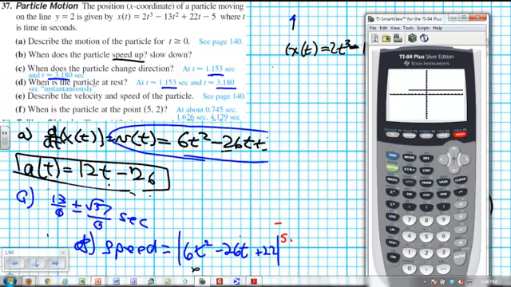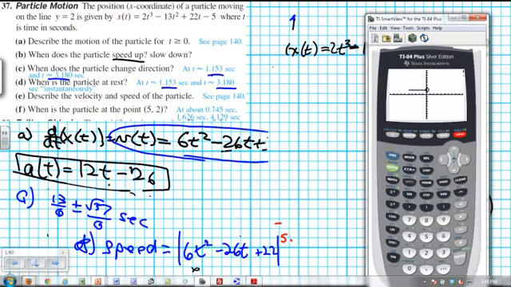I put the position equation for x into the x equals, and again, y was constantly 2, so I put 2 in for the y. And then when I graph it, you can see there's the particle.